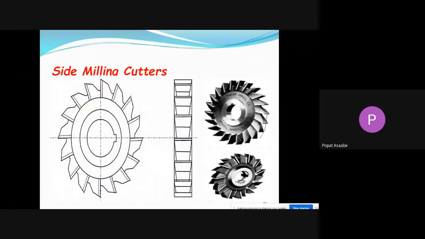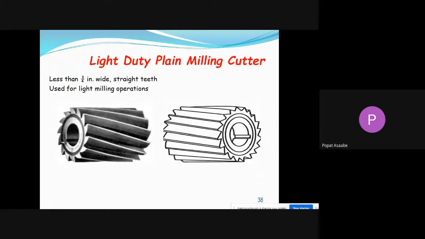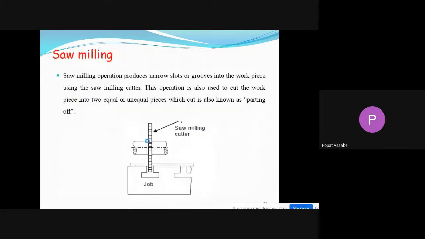Means here, this side and this other side also. On both sides we are providing the teeth. This is the cutting edge also, this edge and this other edge and this periphery also. In this manner the side milling cutter is made, and this side milling cutter is used in the straddle milling operation.